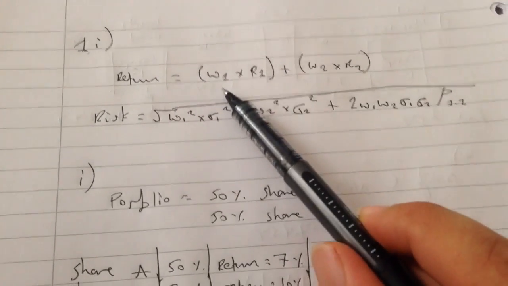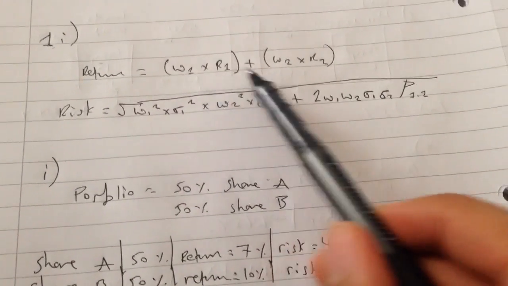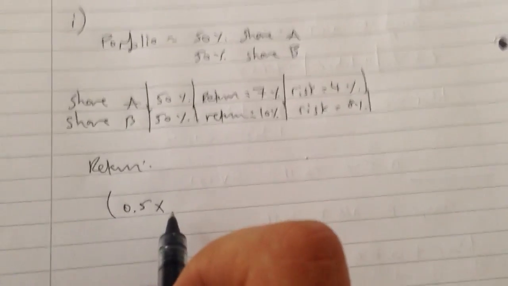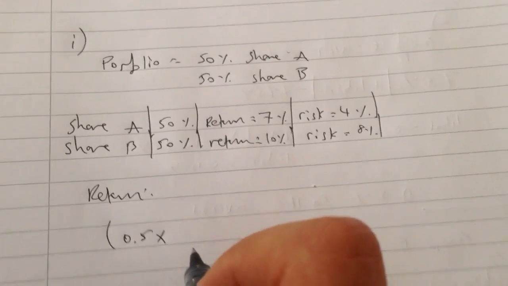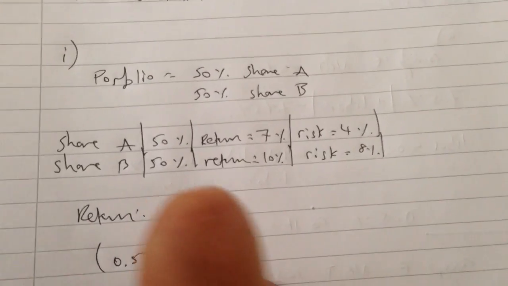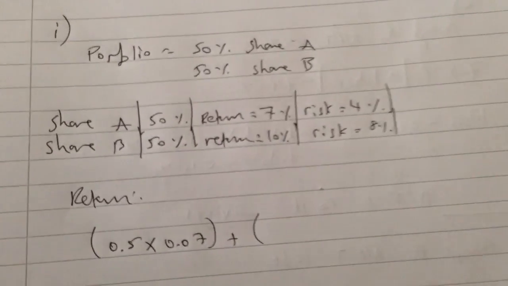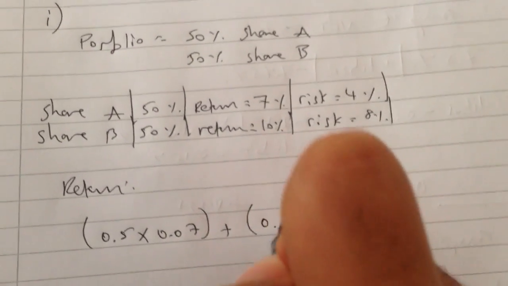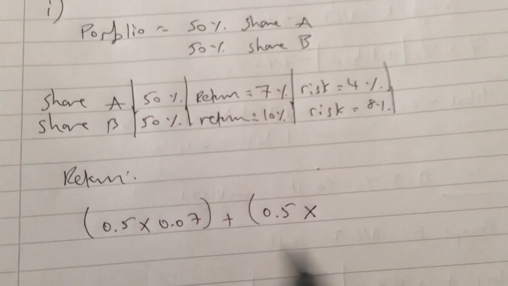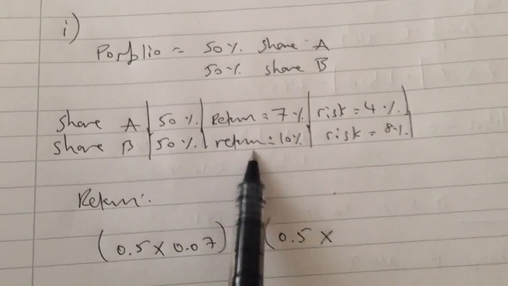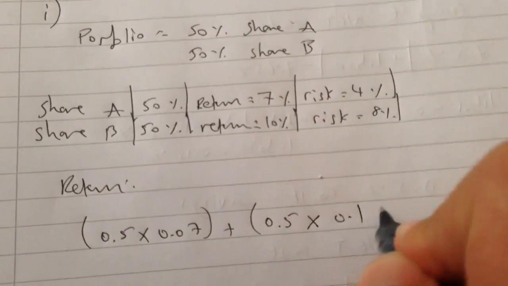The formula is the weight of the first one multiplied by the return of the first share, plus the weight of the second share multiplied by the return of the second share. So we've got 0.5, 50% in share A, and the return of share A is 7%, so multiplied by 0.07, plus the weight of our second share, share B. We've got 50% in that one again, so 0.5, and our return is 10%, so multiplied by 0.1.